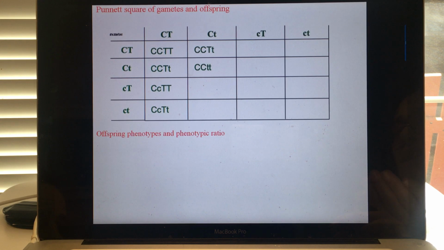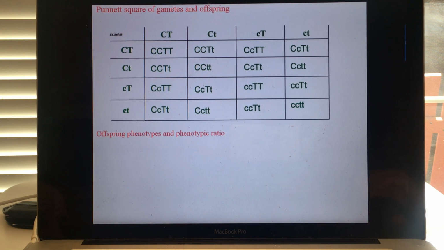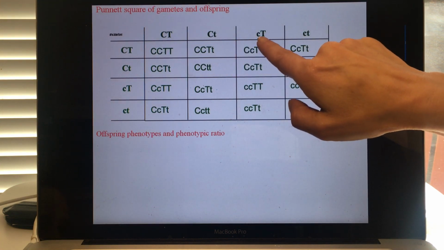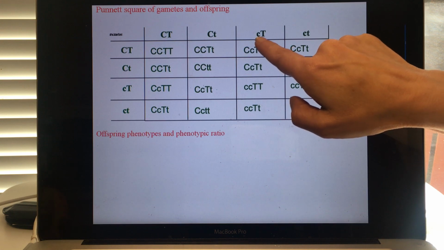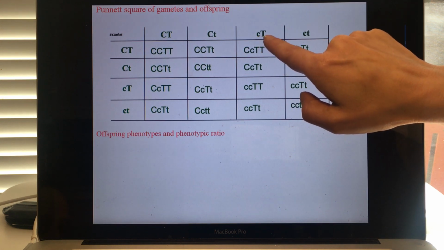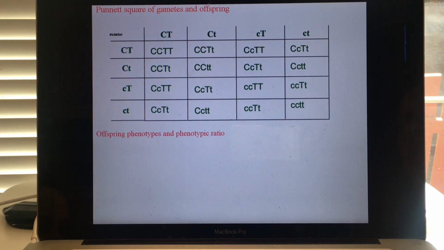Now, it doesn't matter whether I had started out with C's first or T's first, but once you pick it, you need to be consistent. One of the things that students always find sort of weird is that you see, like here, somebody will go, well, why'd you put this little c before the big T? Don't you always put the dominant one first?